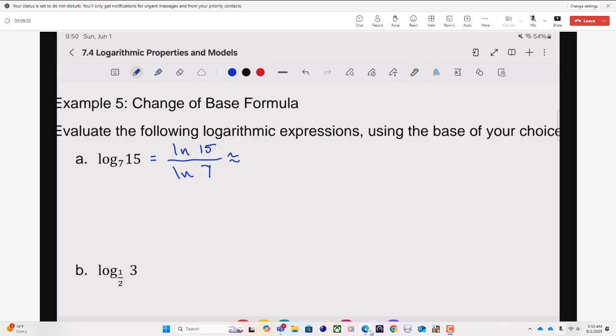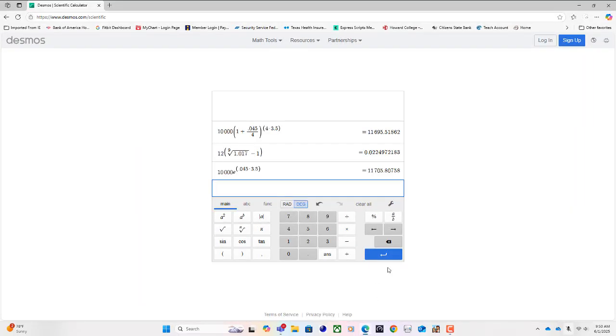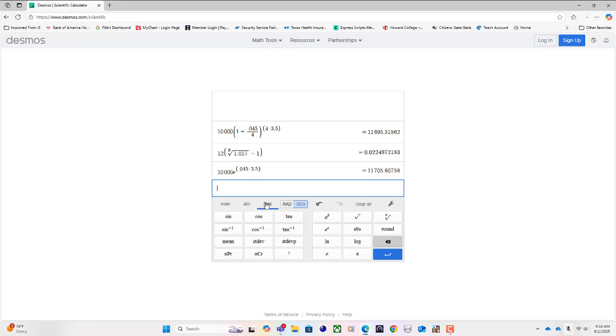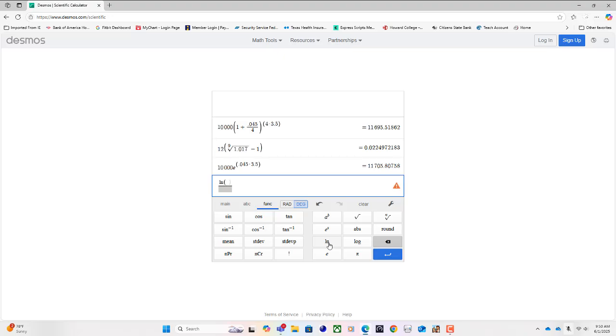So I'm going to use our Desmos calculator. So that would be ln of 15 over ln of 7. So that would be approximately 1.39.